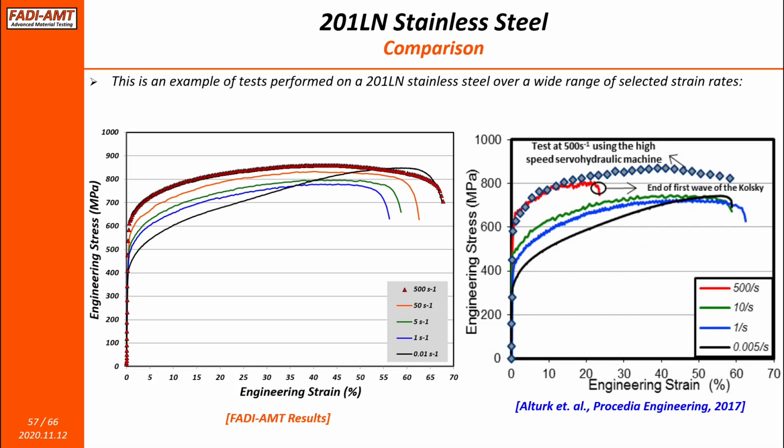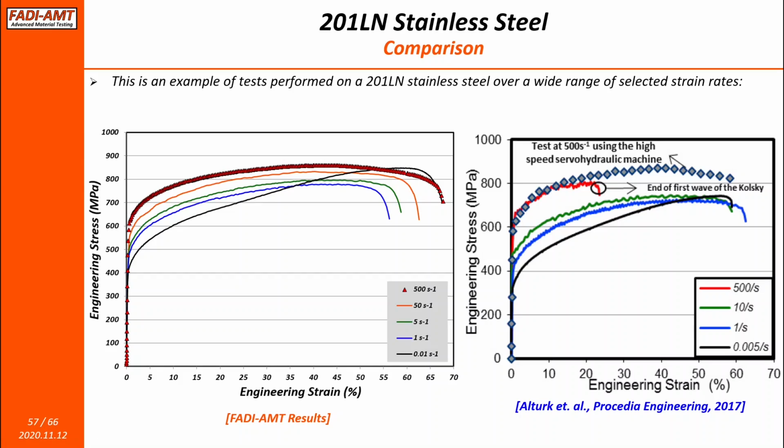This was a stainless steel. Beautiful curves were obtained at 500 frames per second, as you can see on the left-hand side. Very nice, smooth curves, no problems, no ringing, or at least no notable problems at high deformation rates. And I wanted to compare this to the right-hand side curve that was obtained with a Kolsky bar setup.